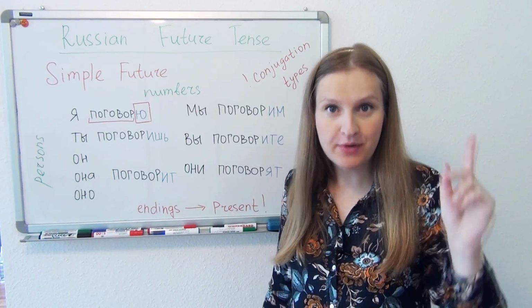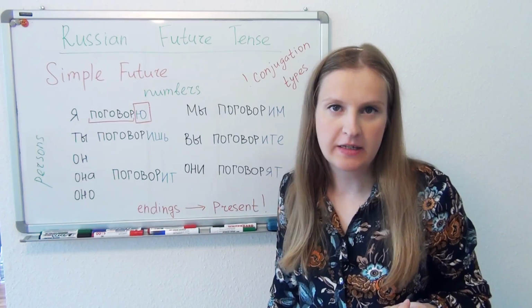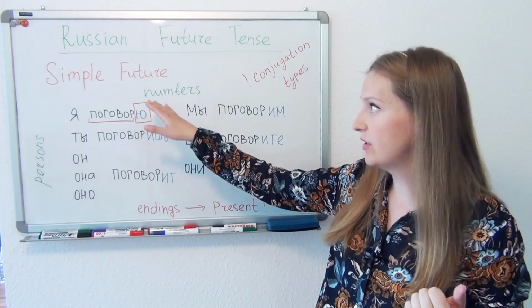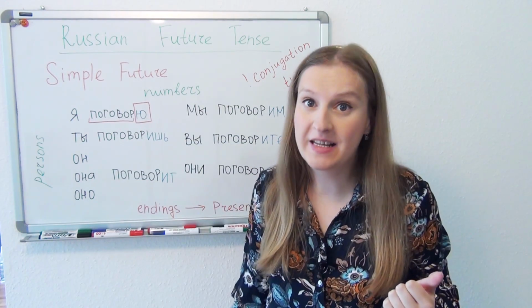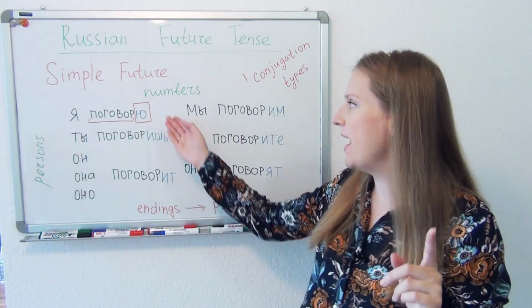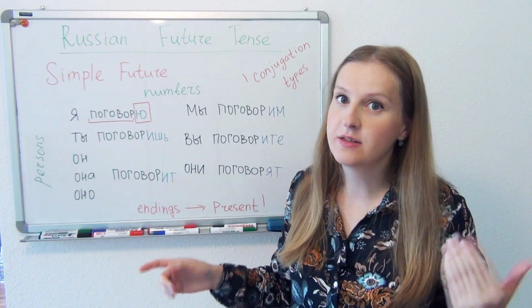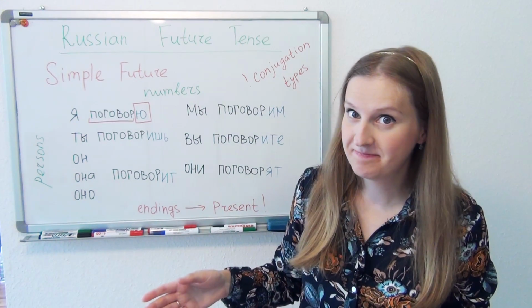However, in present, we can only work with imperfective verbs, while in future we can use perfective verbs. And perfective verbs have the same endings in future as imperfective verbs do in present.